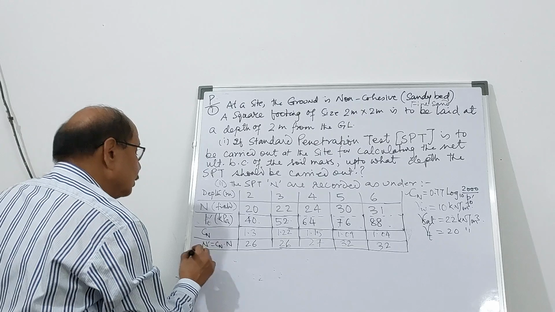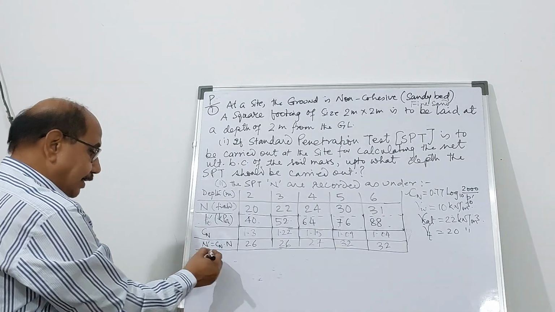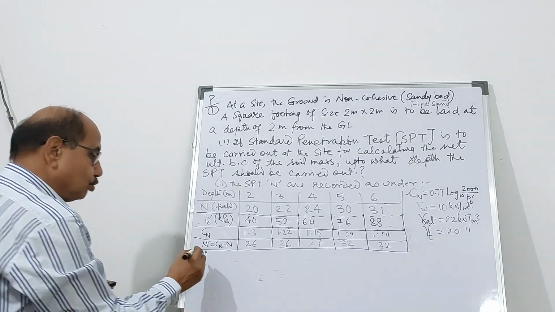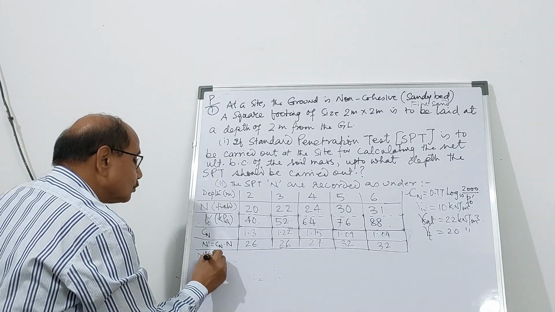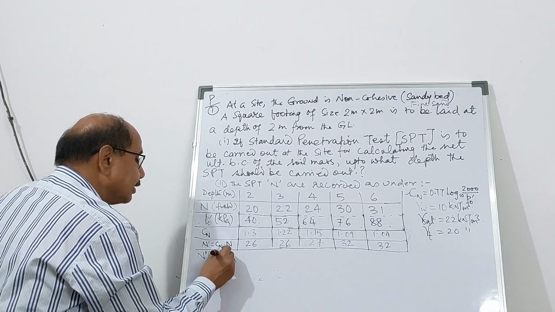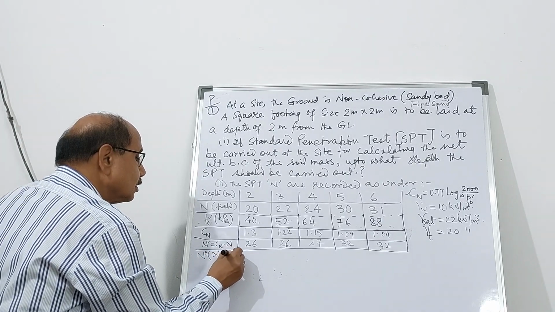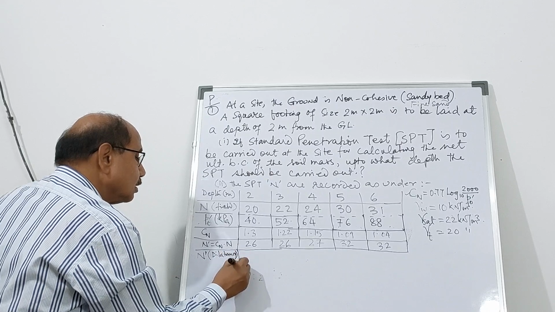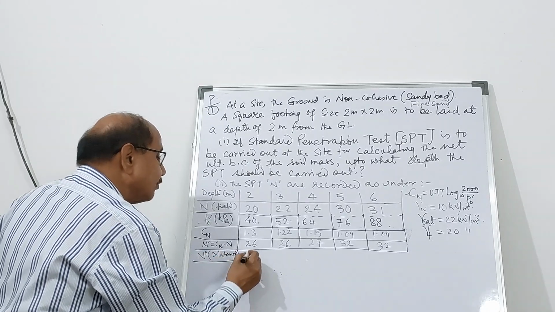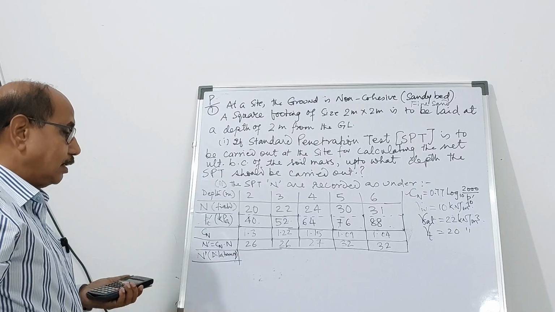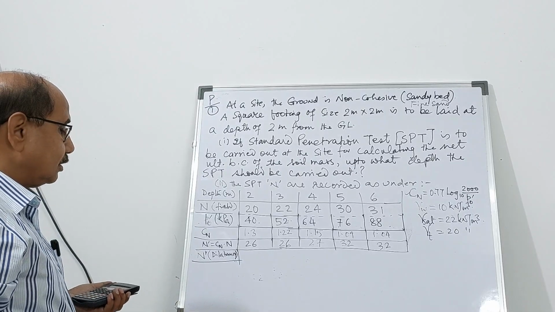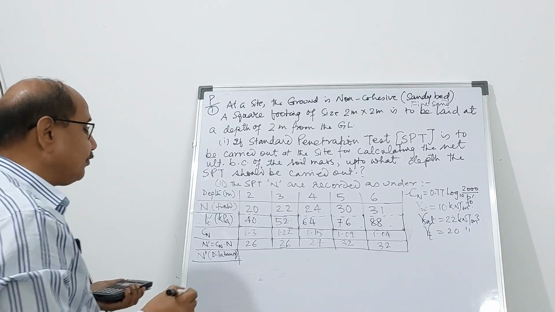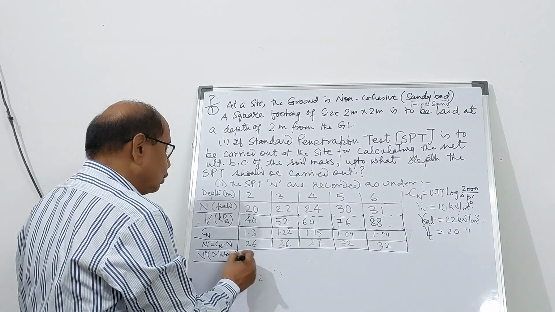So N double prime, the second correction due to dilatancy. If it is fine sand and the value is more than 15, then you need to calculate.